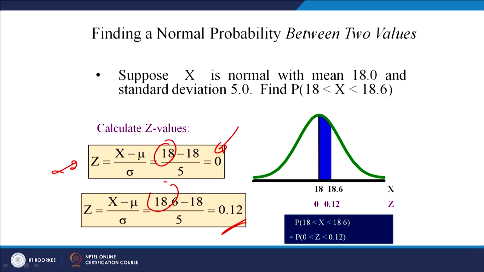This is your x scale, and this one is z scale, is it not. So, what is the area under this particular region? The area from 0 to z equal to 0.12. Let us look at one of the tables.